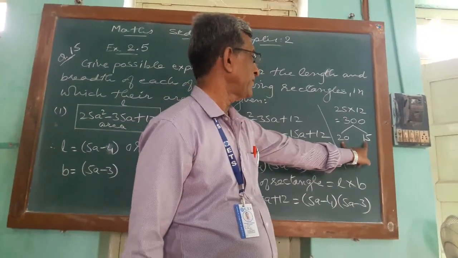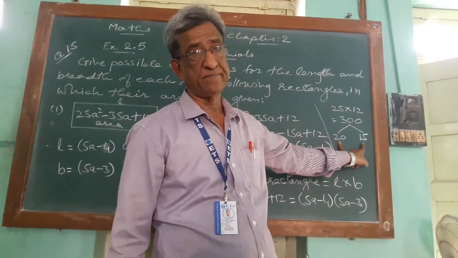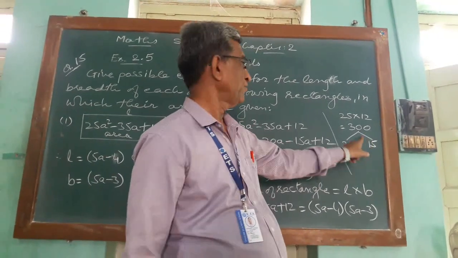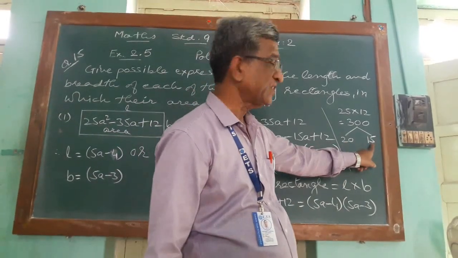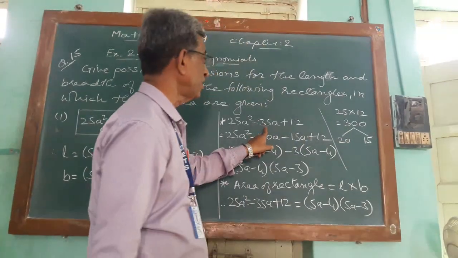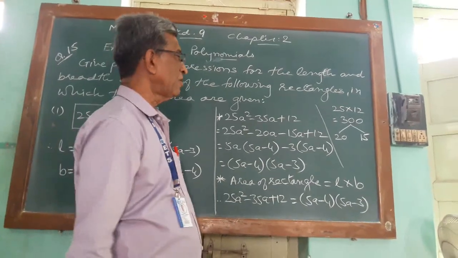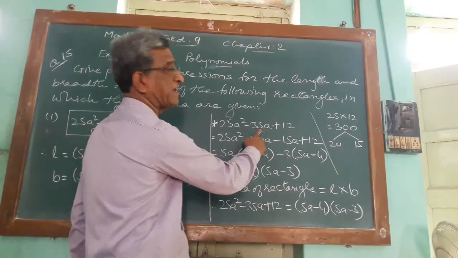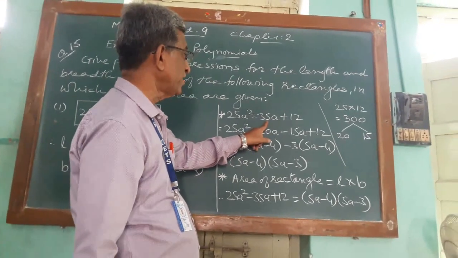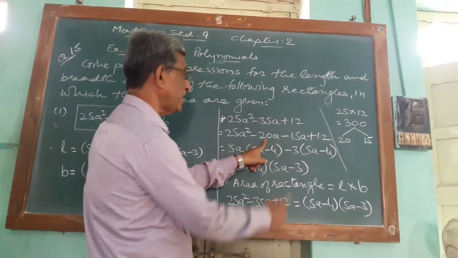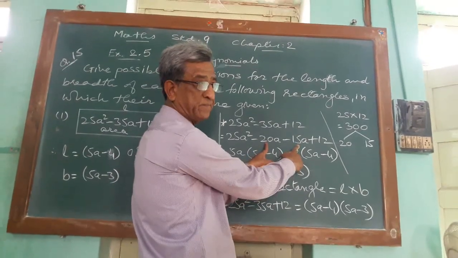If you multiply 20 into 15, it gives you 300, and 20 plus 15 gives you 35. So you have to split 35. Instead of 35, I have written minus 20a minus 15a.